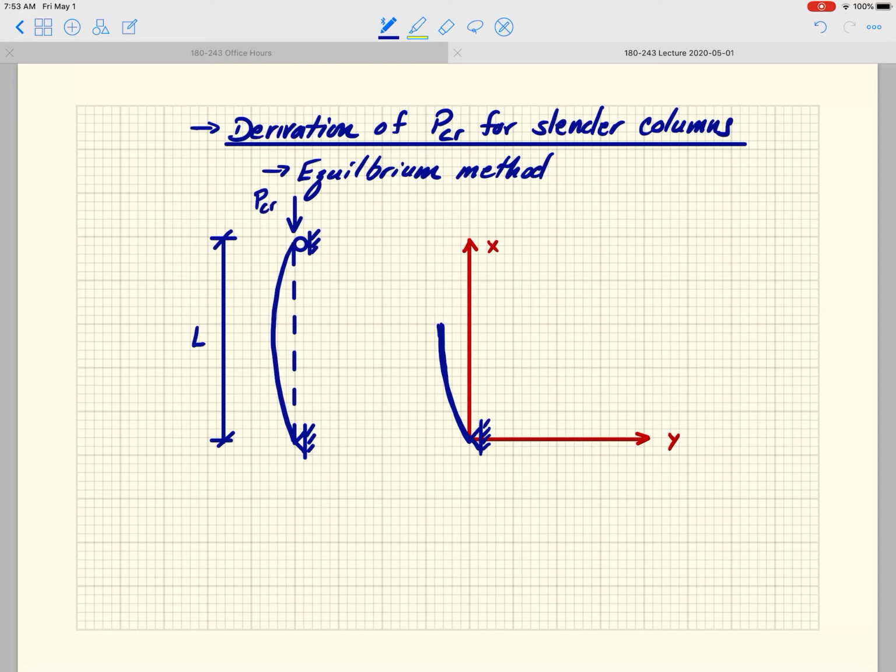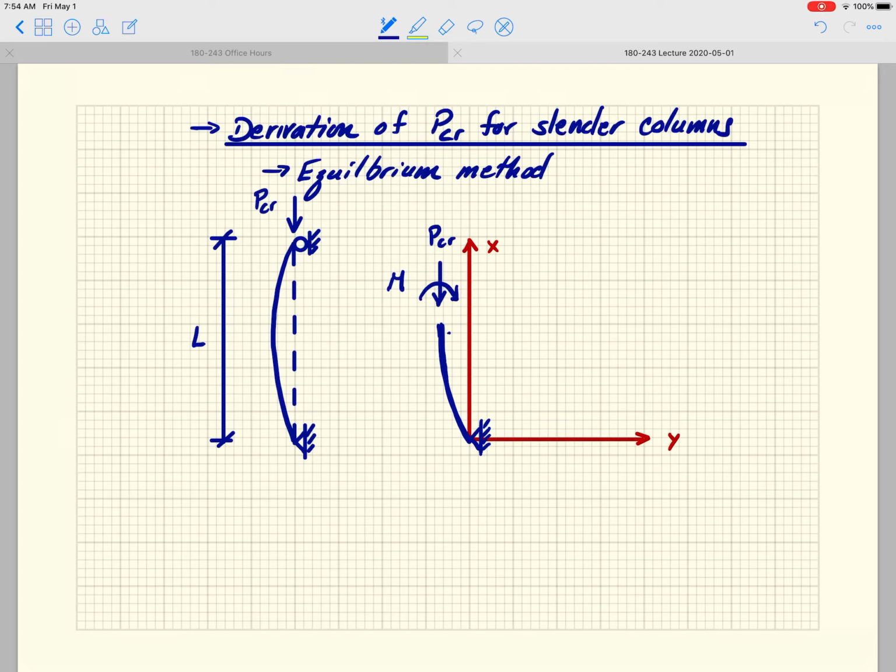And then here we've got a downward force, and we've got a moment. So this downward force we're going to call P critical. And this moment is the moment caused by P critical coupled with the deformation.